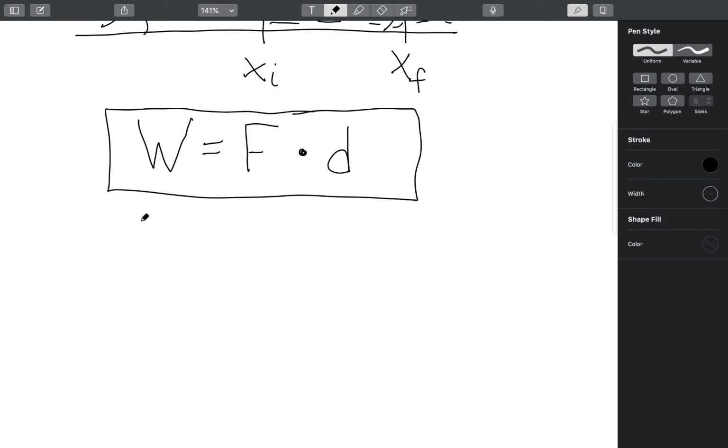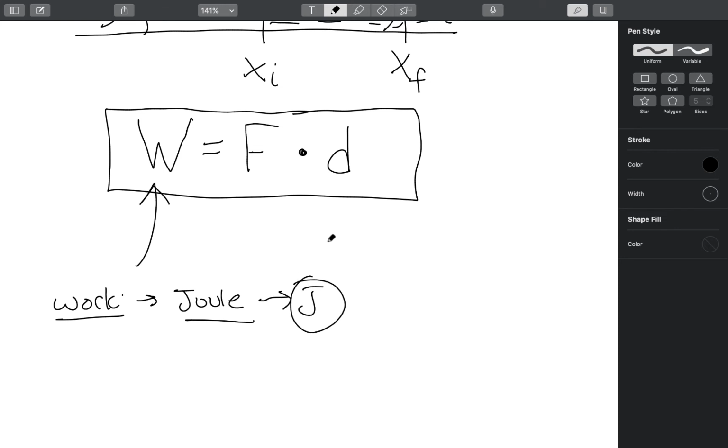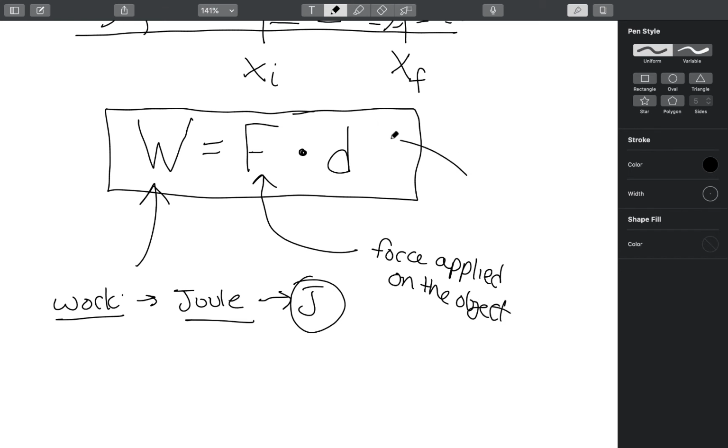W stands for work, and the unit for work is a joule, which is the unit for energy, and it's often symbolized by a J. F is the force applied on the object, and D is the displacement of the object.